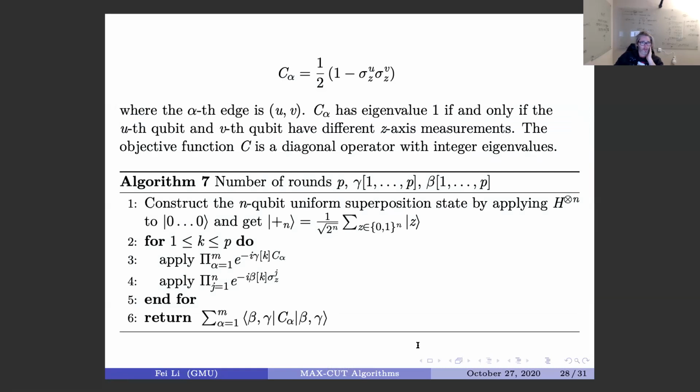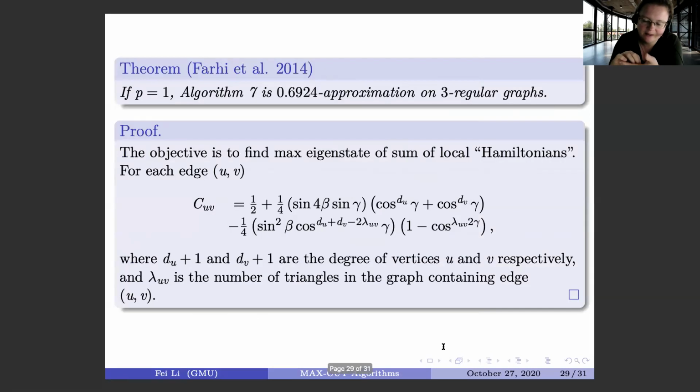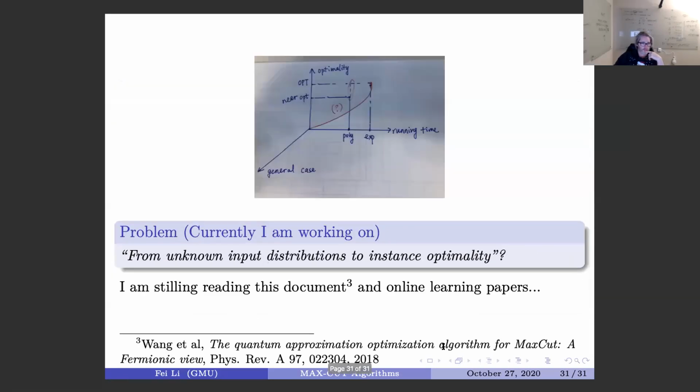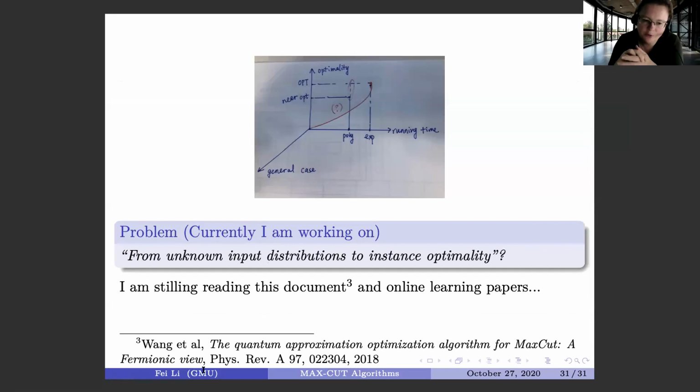Excuse me. Fermionic, I'm sorry, what? Yeah, that was the title of the paper, right, Faye? So it was fermionic view. Oh, I think they're probably just talking about, I'd have to look at the actual paper. I haven't read it.